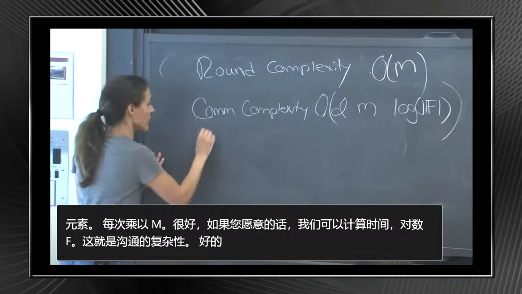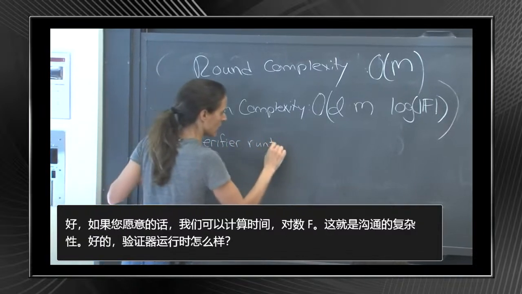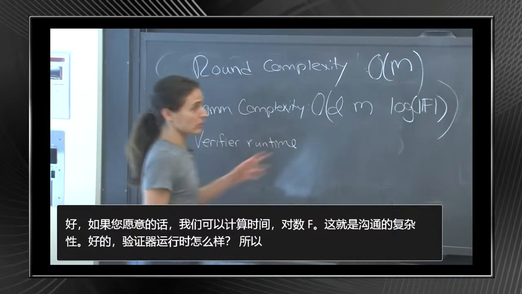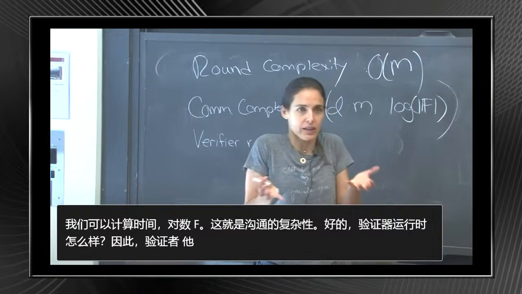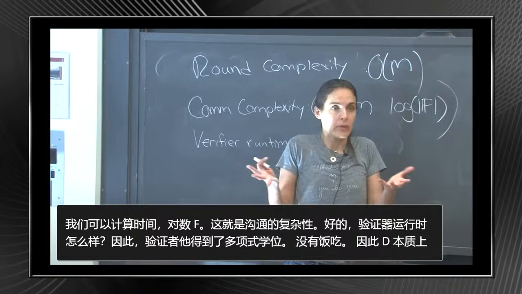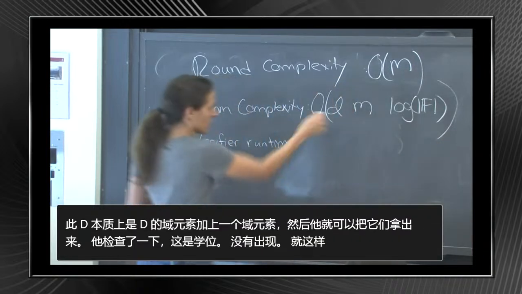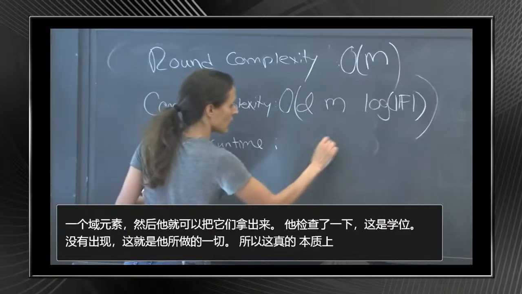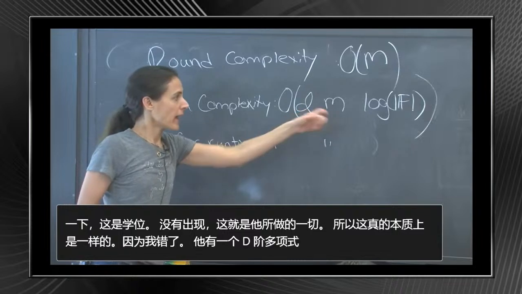Okay, what about the verifier runtime? The verifier gets a degree d polynomial, so essentially d, or d plus 1, field elements, and he just checks that it's degree d and sums them up. That's all he does. So for m rounds, he has a degree d polynomial and he sums them.